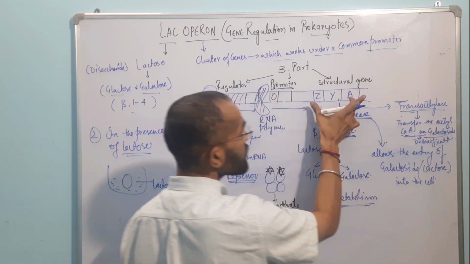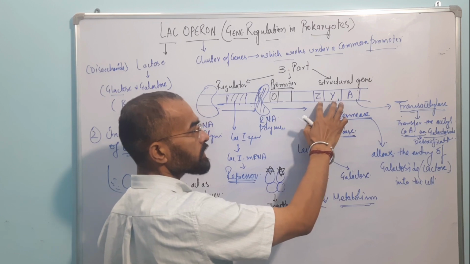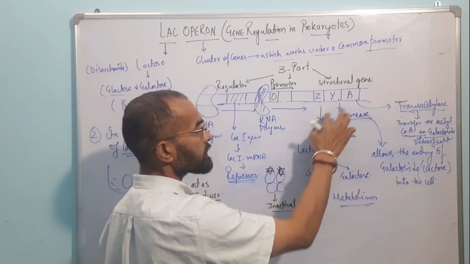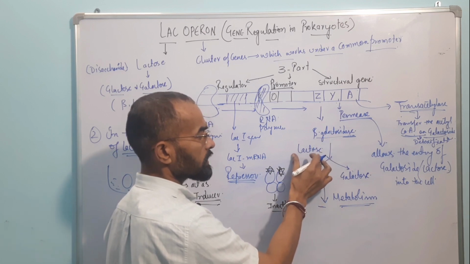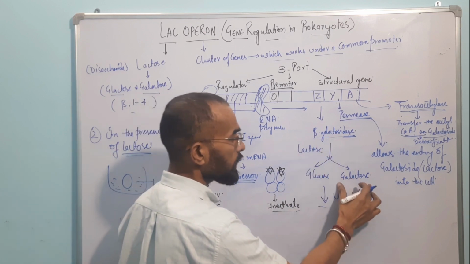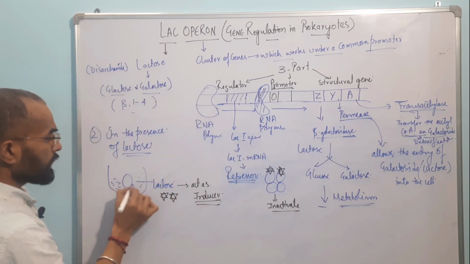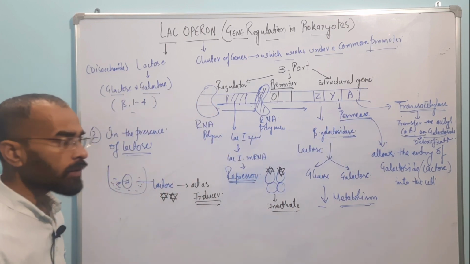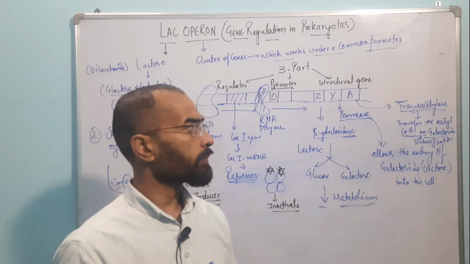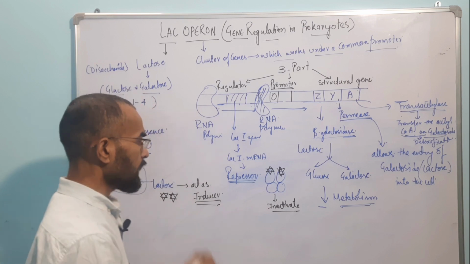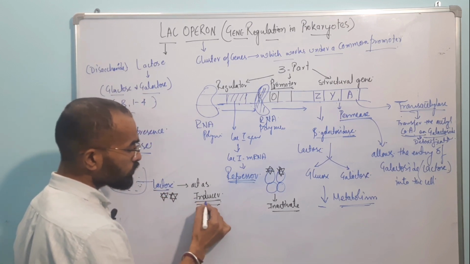So, the structural genes have three components, three small structural genes Z, Y, A. Z forms the galactosidase, and galactosidase breaks down the lactose, that is the substrate, into glucose and galactose. Permease allows the entry of lactose from the medium into the prokaryotic cell, and transacetylase transfers the acetyl coenzyme A onto galactosides. Here, why do we call lactose the inducer?